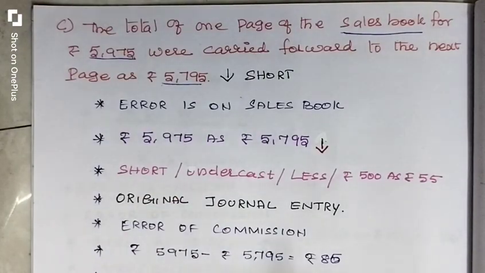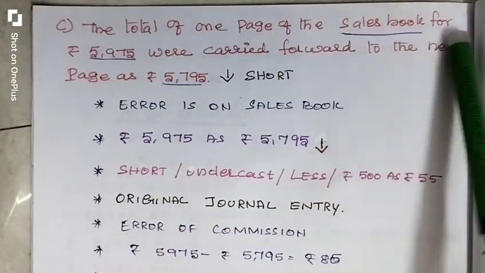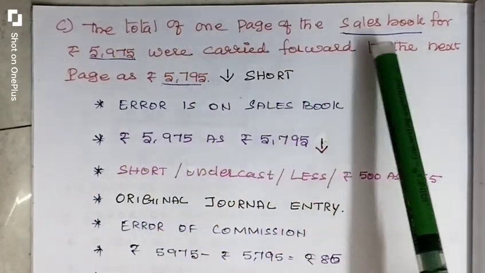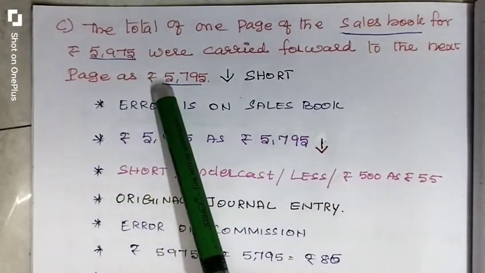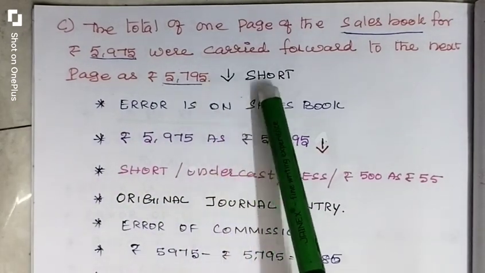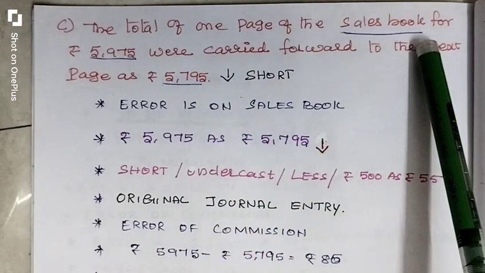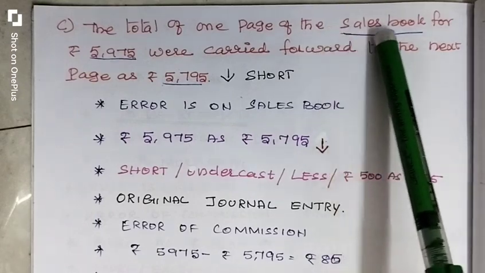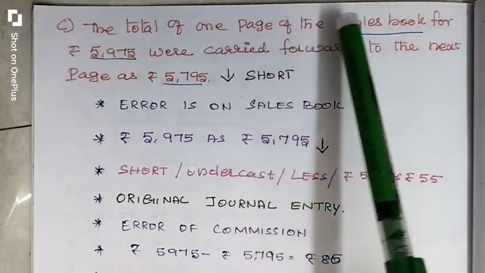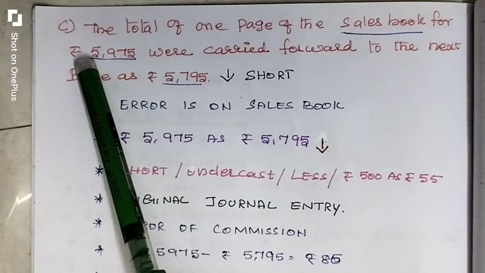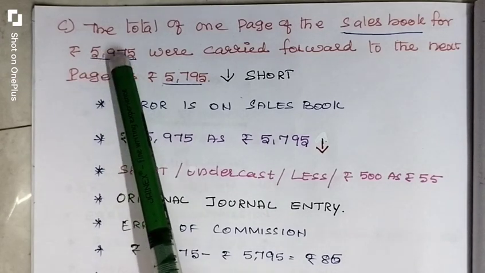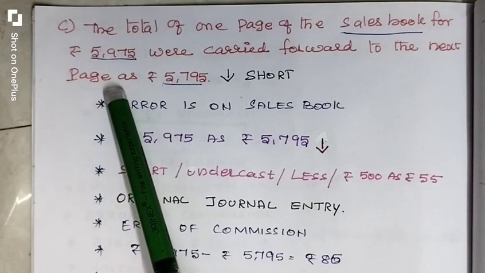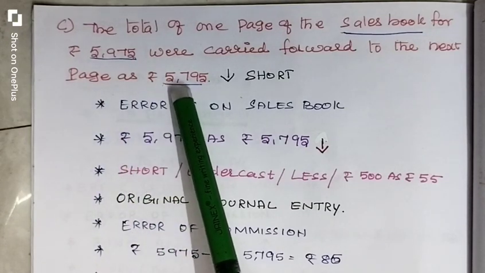The next transaction is the total of one page of the sales book, rupees 5,975, was carried forward to the next page as rupees 5,795. Which book is affected? Tell me. The error is on the sales book. On one page of the sales book, an accountant entered 5,975, and on the next page an accountant entered 5,795.